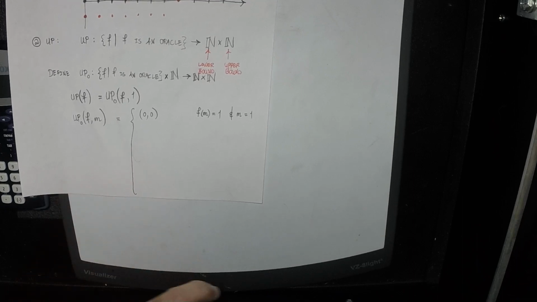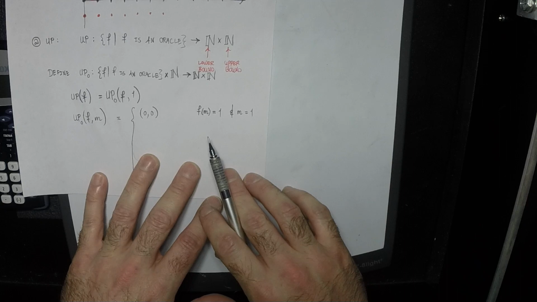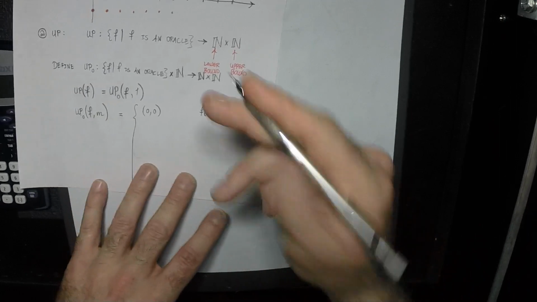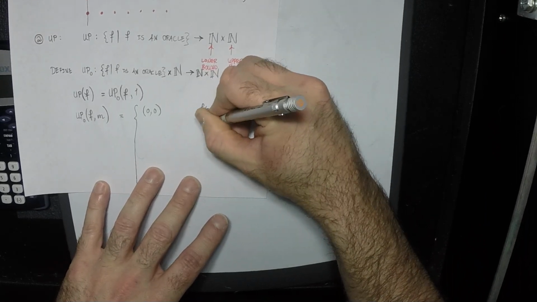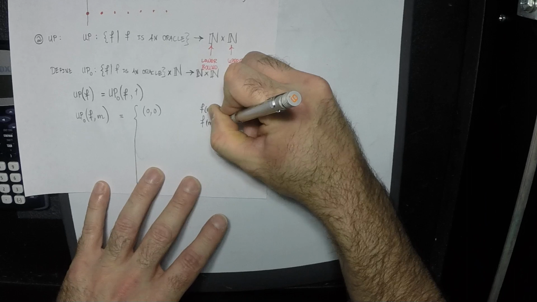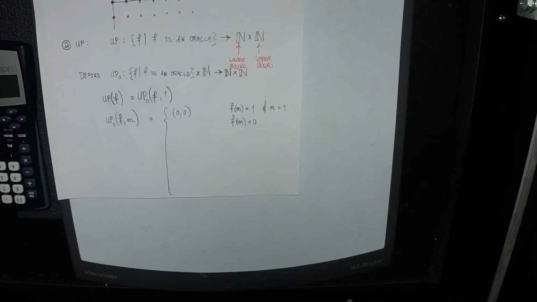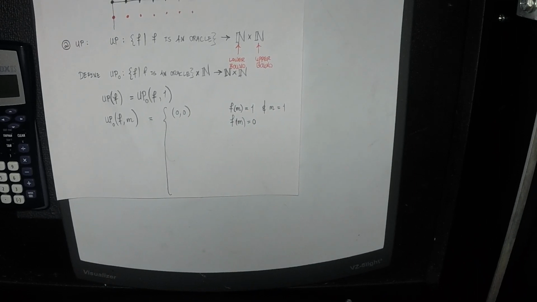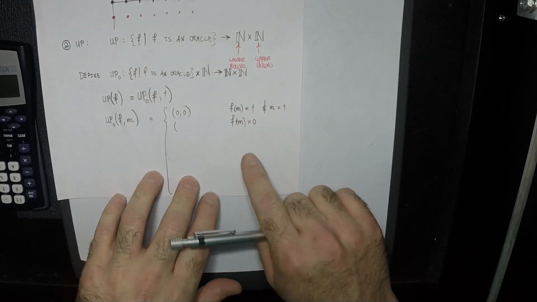What else do we need to handle? What's another case? So if f of m is 0, I claim that in this case, without regard to what m is, we know the answer. What's the answer? The lower bound is 1?